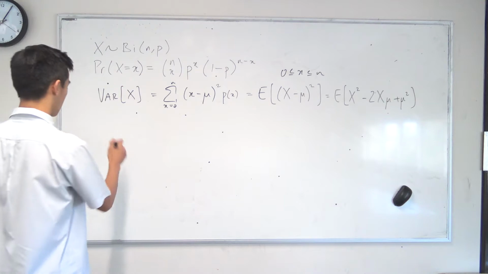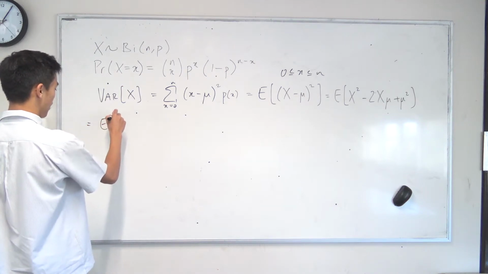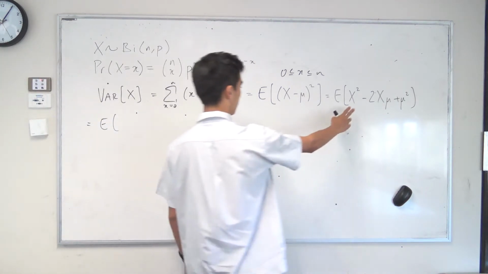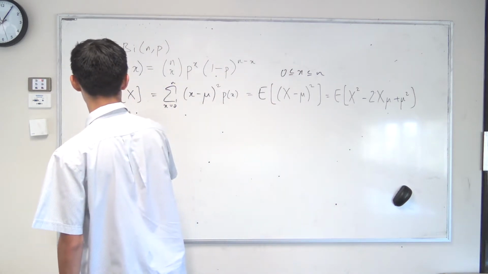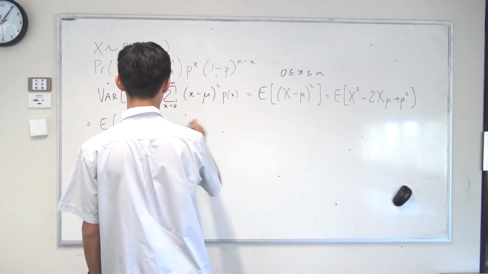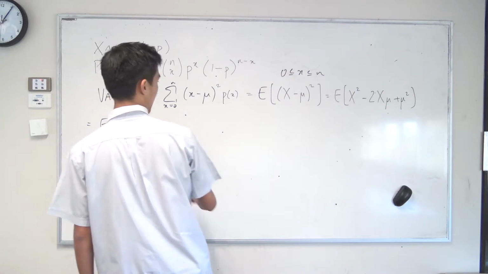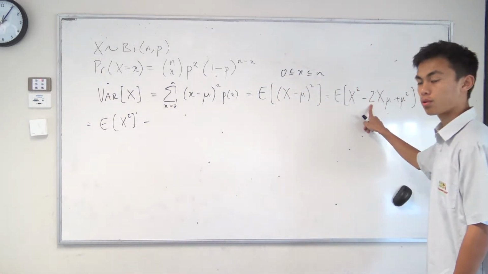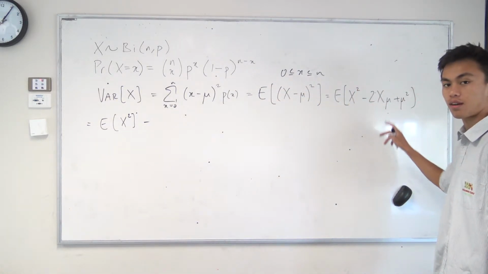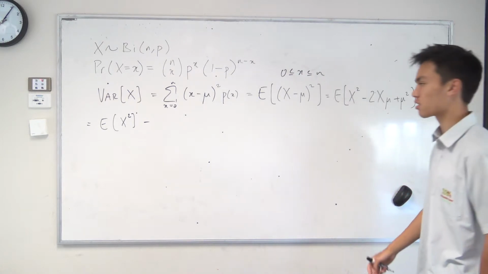So this is going to result in the expected value of X squared, and then we're going to have minus, and now we can bring this 2 and this mu out to the outside of the expected value, because it's just a constant.